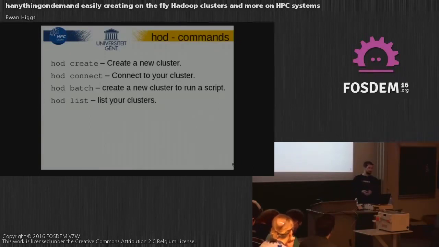If you have a very long queue and you don't want to wait around for the job to submit, you can do interactive analysis. You can do HOD batch, where you use a script and it just sets it up and runs like any normal qsub that you would do, except this time you're using Hadoop.